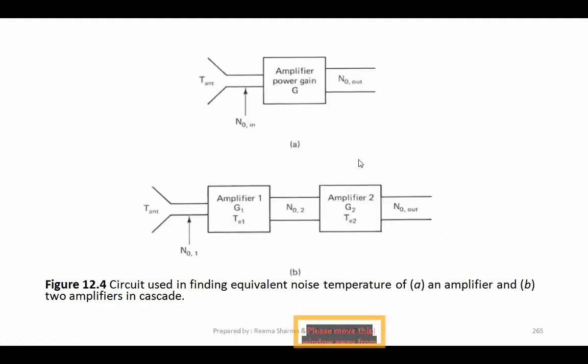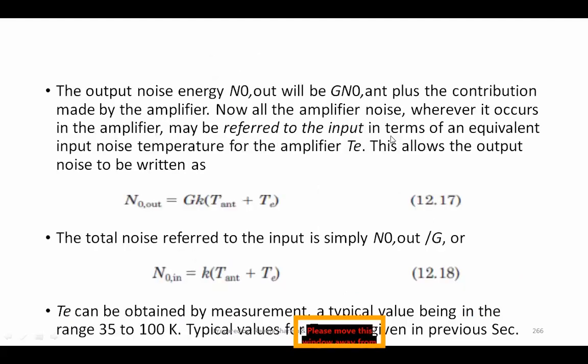So your antenna's temperature, ultimately, is a combination of many things. This allows the output noise to be written as gain times K, you all know, times (T_A plus T_E). T_E is nothing but the noise temperature of the amplifier, and T_A is the temperature of the antenna.